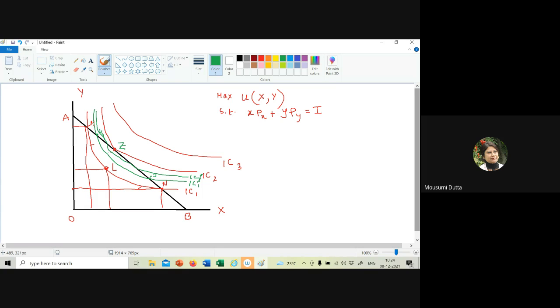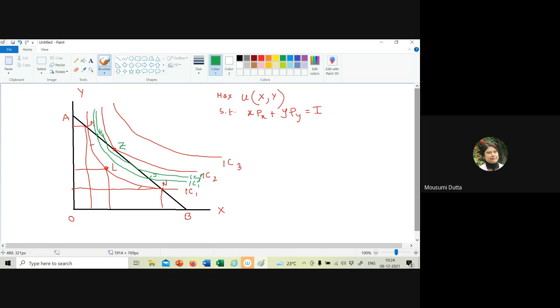Given this budget line, the consumer can attain the highest level of utility along the indifference curve which is generating a point of tangency between the budget line and the indifference curve, because all the indifference curves beyond this level will not be affordable to the consumer. Okay, so this is the idea.